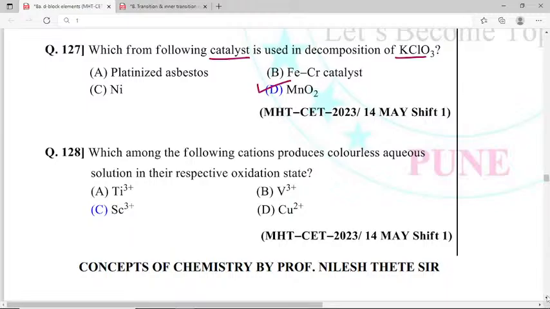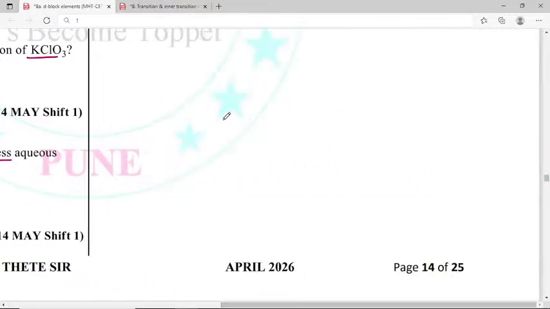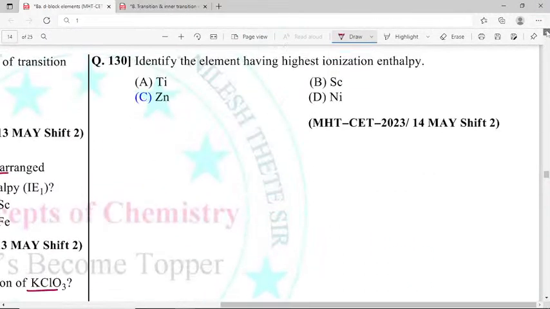Which among the following cations produces a colorless aqueous solution? Scandium, because 3d0 has 0 unpaired electrons, so it is colorless.